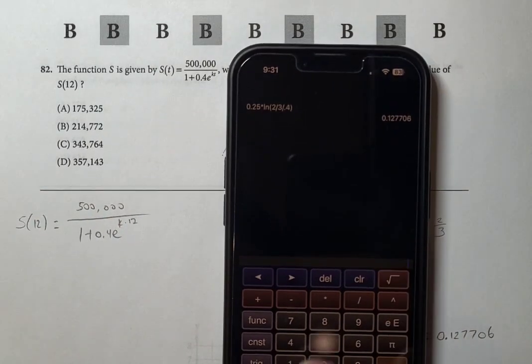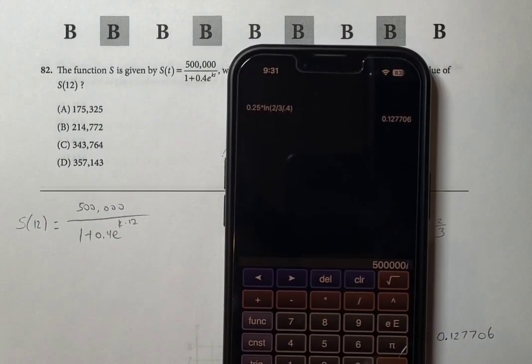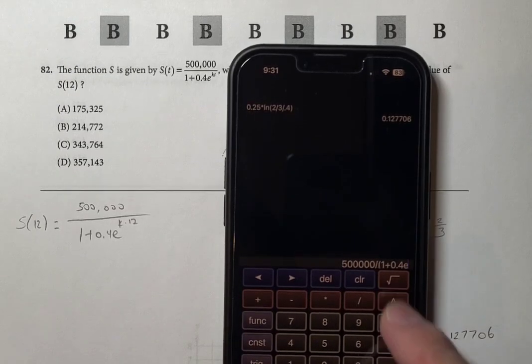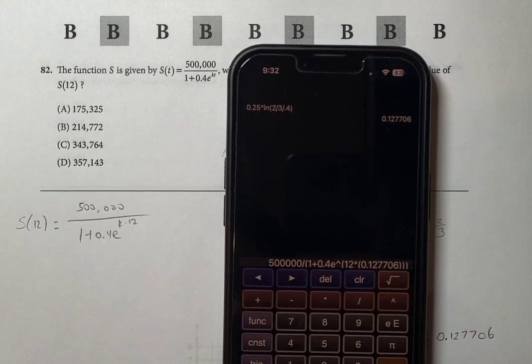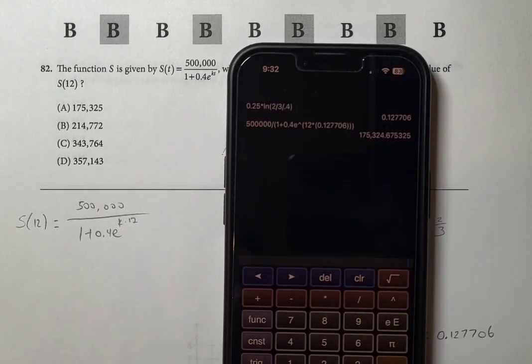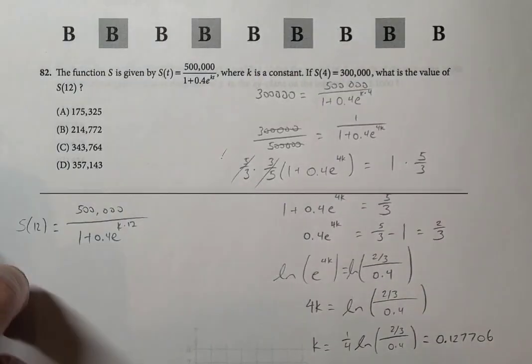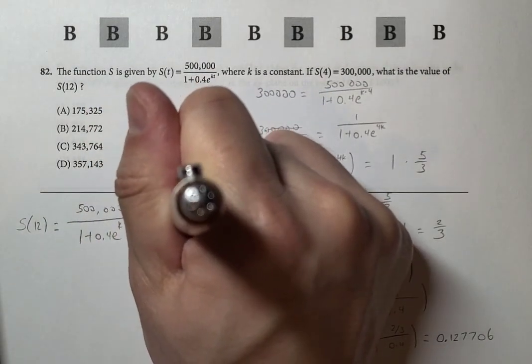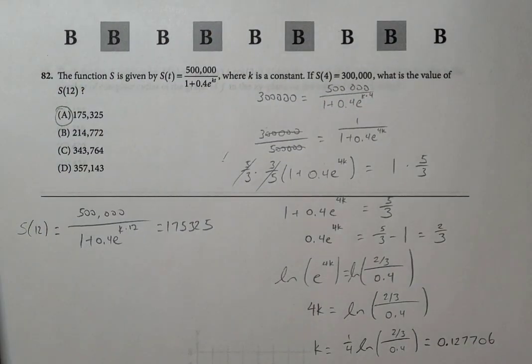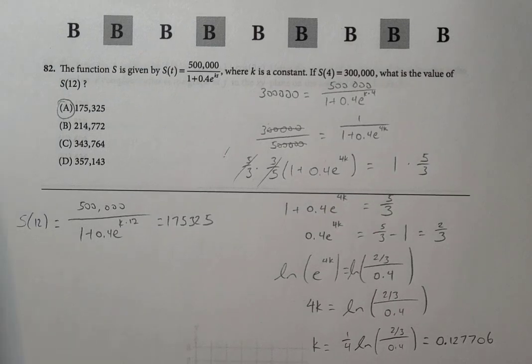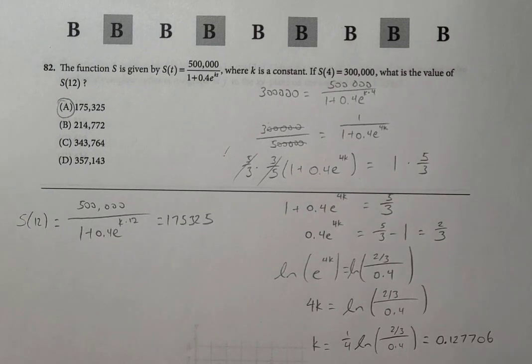Okay, so now I'm going to show you how to plug it into my calculator. 500,000 divided by parentheses 1 plus 0.4 e to the parentheses 12 times k. Close the parentheses. I get 175,325, and the answer is A. Okay, that's how I would solve that one.